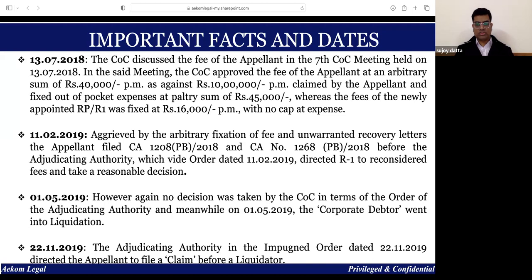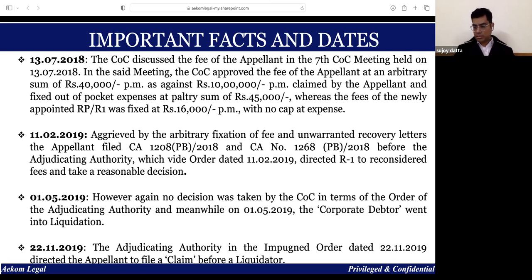So the question now was, who will decide the contention of the RP that my fee ought to be a larger amount? Is this contention of the RP a claim in terms of the IBC? You know, as stakeholders, operational creditors, they file their claims for such and such amount.